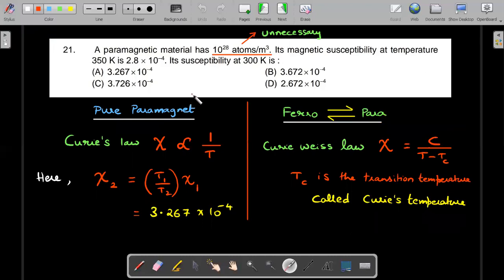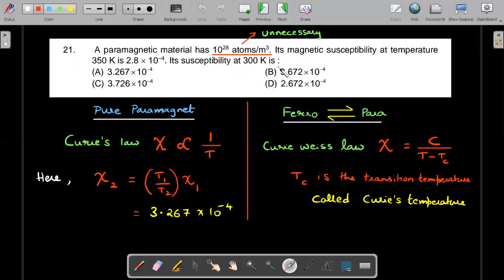Something that you need to realize is that there are two laws in paramagnetic and ferromagnetic materials, often confused actually. Both are not required for this question. I've just written both so that you can have an idea. Curie's law for a pure paramagnet says magnetic susceptibility is directly proportional to 1 by temperature, or inversely proportional to absolute temperature, which is what this question is all about.